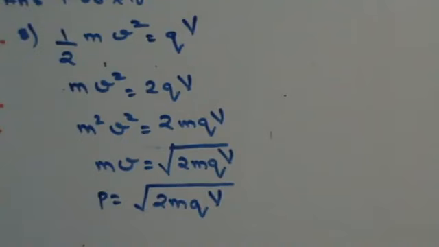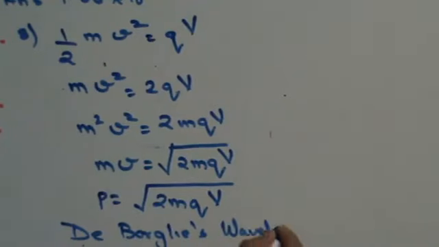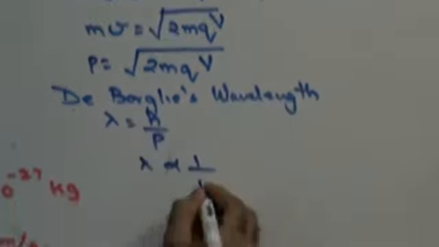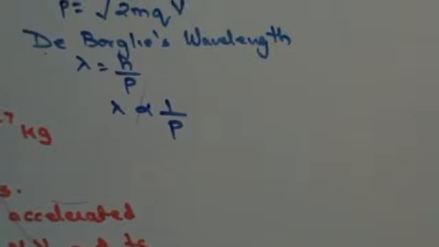Right, once I have this, then I can say that de Broglie's wavelength lambda is nothing but h upon momentum, where h is Planck's constant. So what we understand is that de Broglie's wavelength is inversely proportional to momentum, right?